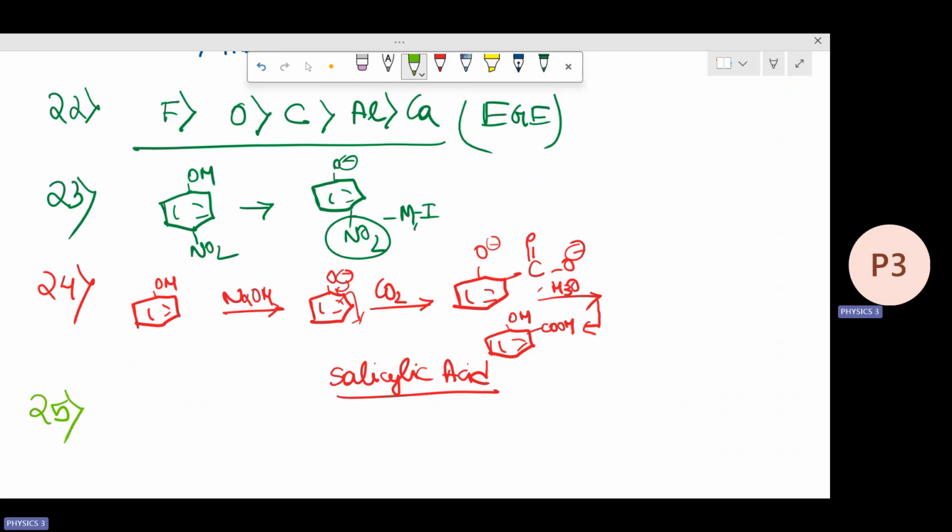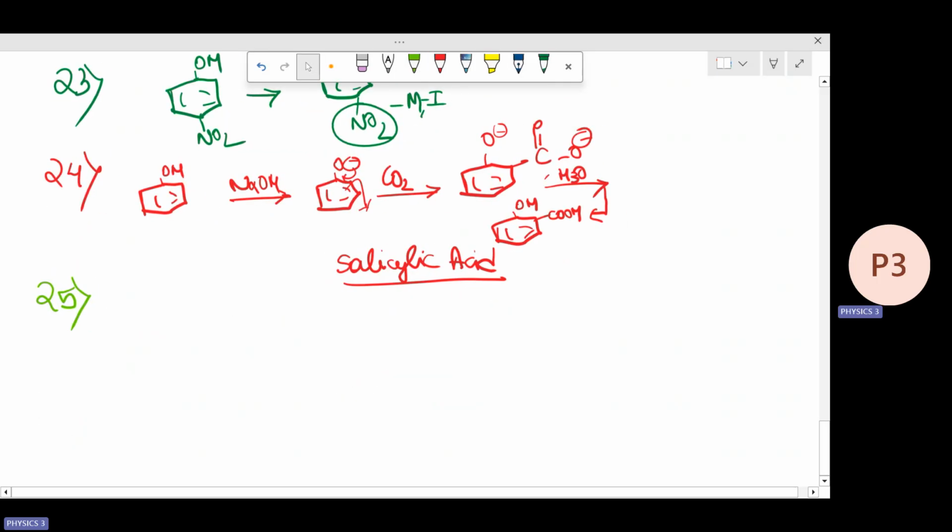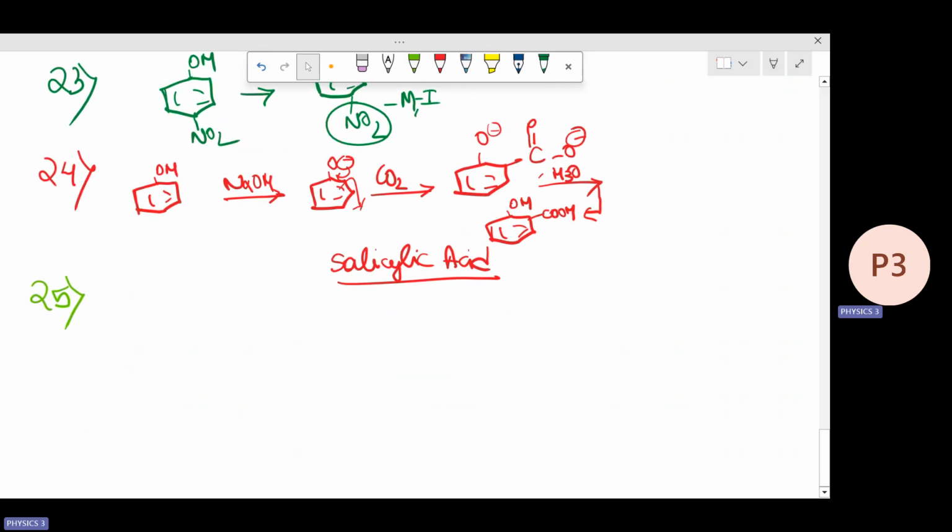We go to question number 25, students. They have given certain percentages and asked which one is going to form how much. I think we have all solved this in chapter number 1. For 100 grams of compound, you need to find the number of moles. There should be hydrogen, carbon, and nitrogen, each with different values.